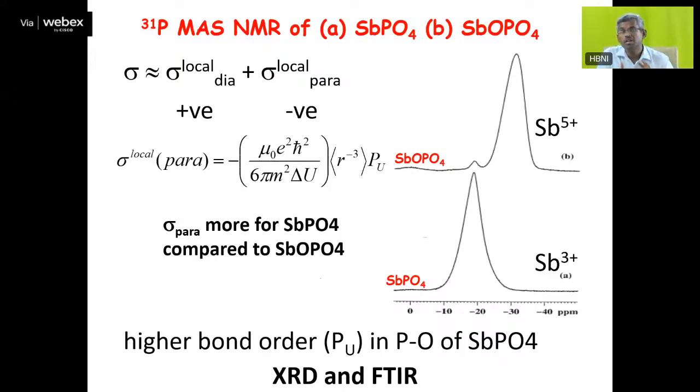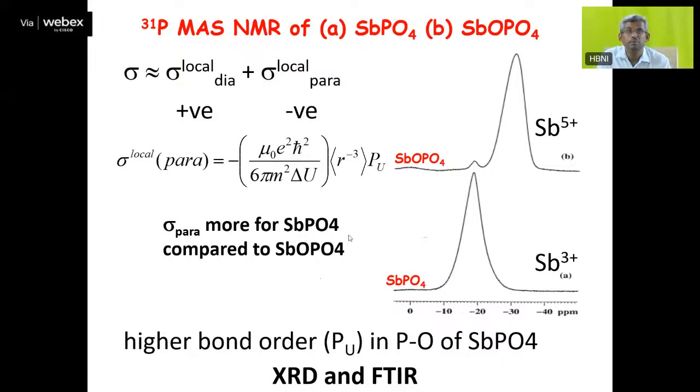So this bond order concept is used to explain the P31 MAS NMR of antimony phosphate and antimony oxy phosphate. There are two types of phosphate, SbPO4 and SbOPO4, used as ion exchange or sorption materials, with a three-dimensional structure having pores in the lattice. These are model compounds for explaining the paramagnetic contribution to the shielding parameter.